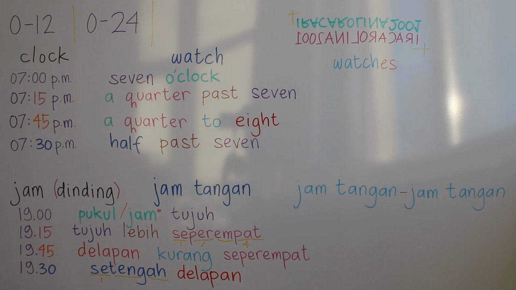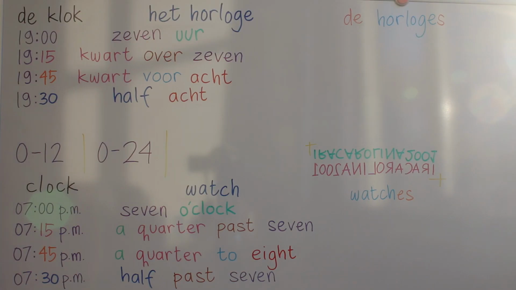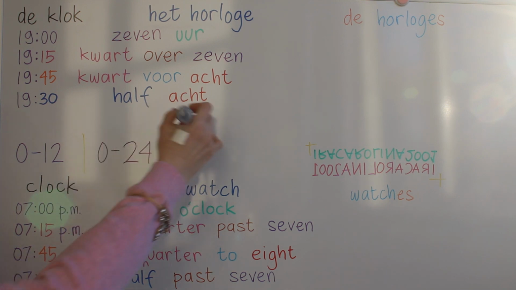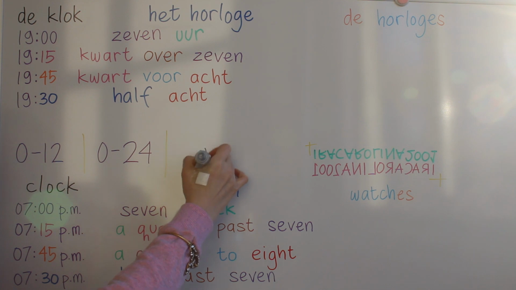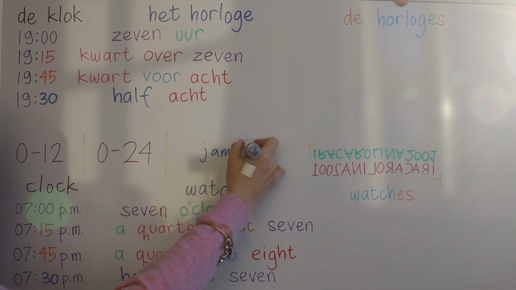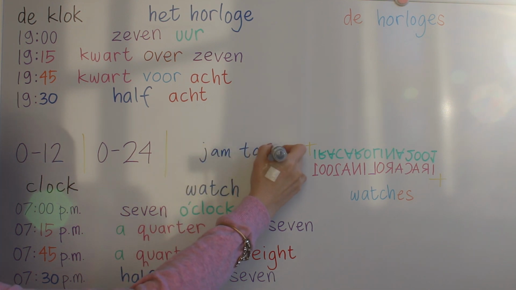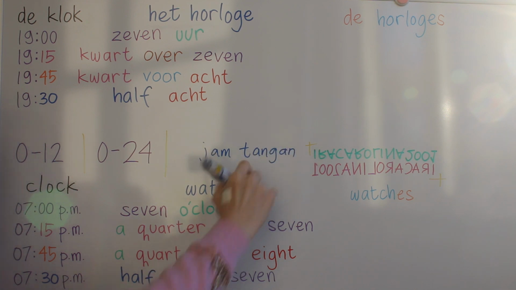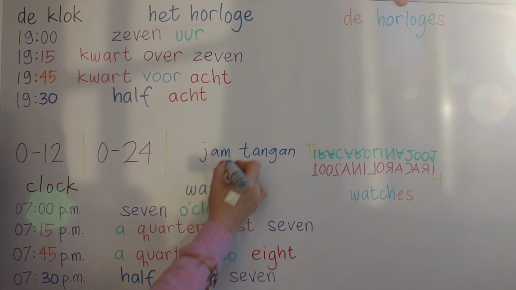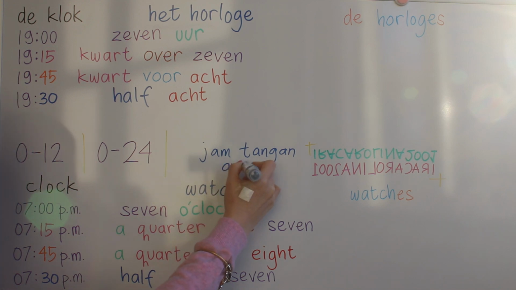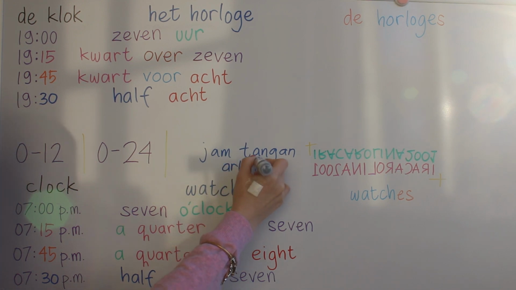In Indonesian language, for watch, we use jam tangan. Tangan is hand, but we also use arloji.